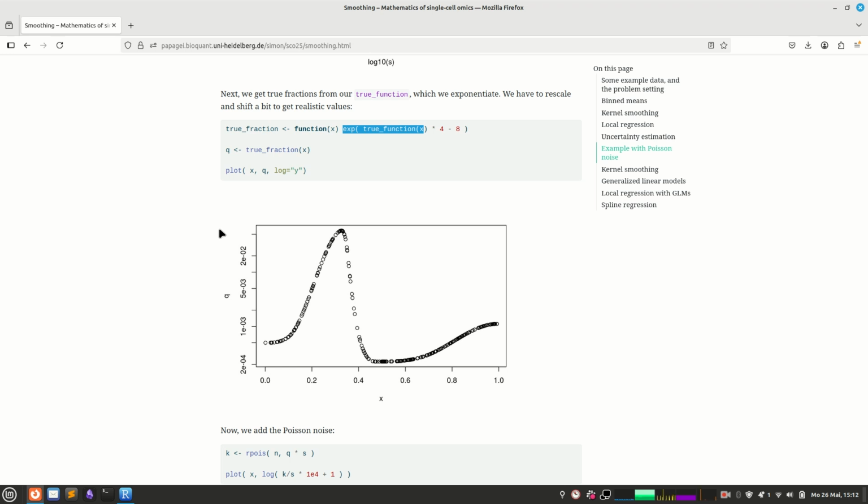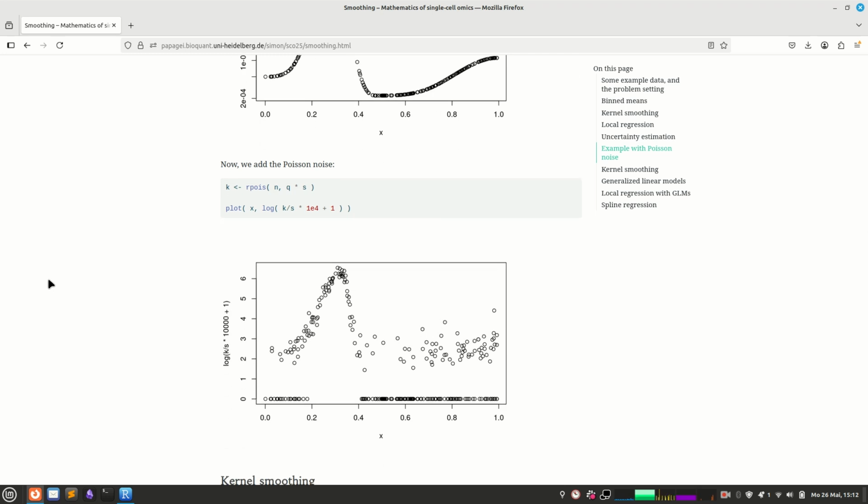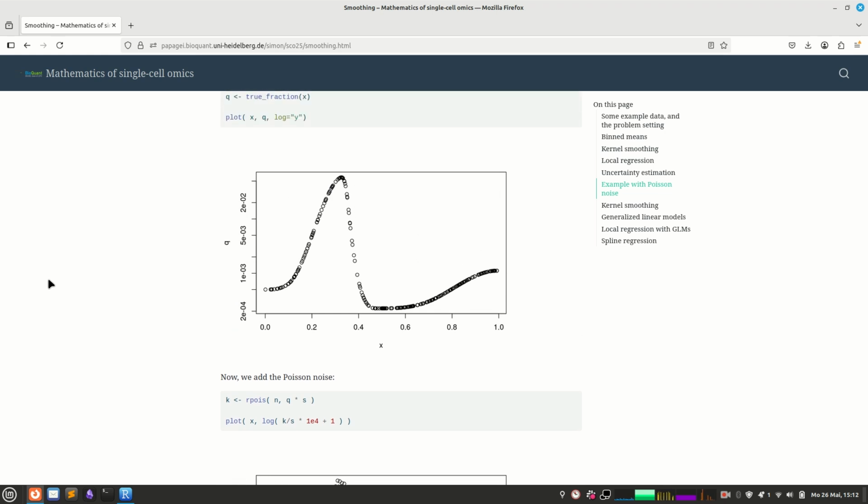And now with this, we can use our Poisson noise. And even though I said we add the Poisson noise, I don't really add it this time. What I do instead is I make a hierarchical mixture. So first I drew arbitrary x values and now got the expected corresponding y value, which I call q here, for each of the cells.